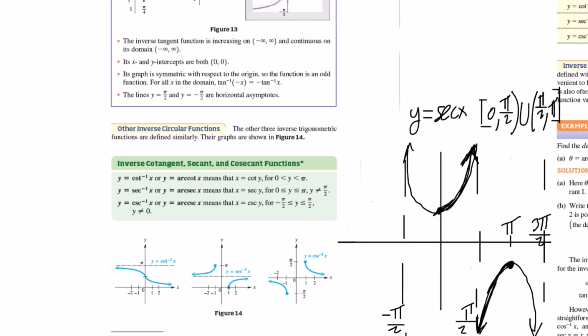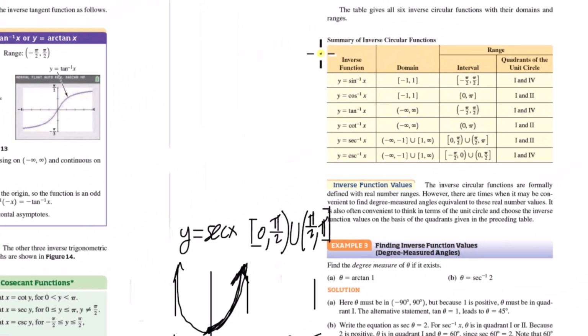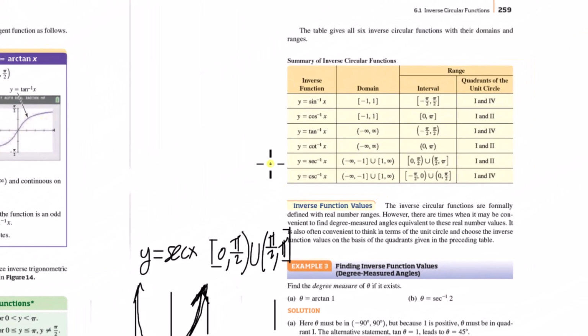Here's a summary of the inverse trig functions. The domain of the inverse trig functions is the full range of the regular trig function, including every possible value you can get from that trig function: sine and cosine minus 1 to 1, tangent and cotangent minus infinity to infinity.